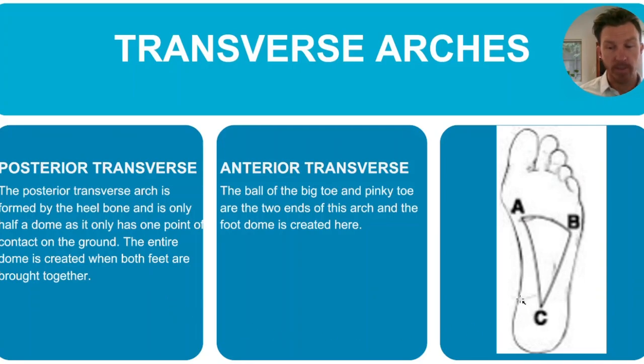So it's a much smaller arch in this area. And so it's only a half dome unless the feet are brought together, and then you have the full posterior transverse arch. So we're going to primarily focus on the anterior transverse arch here.